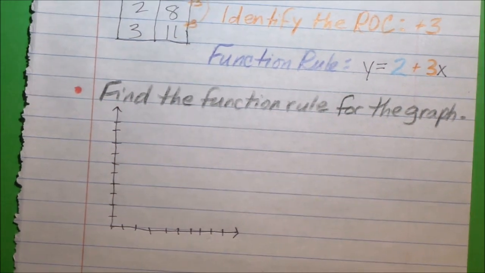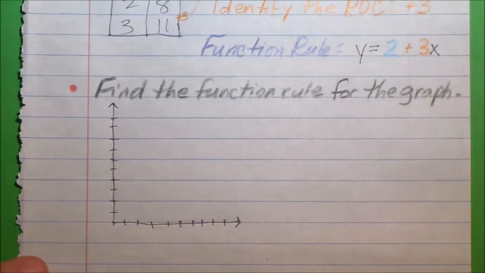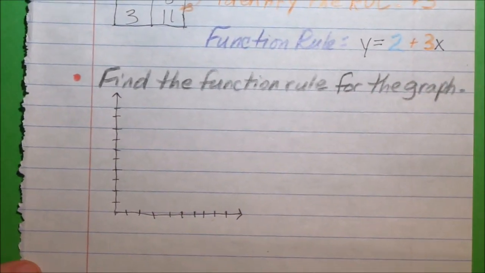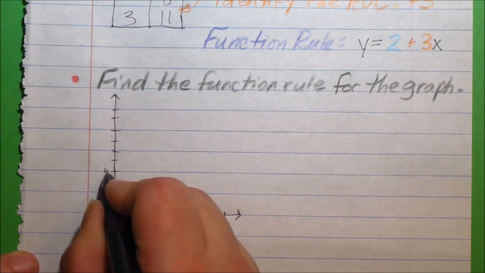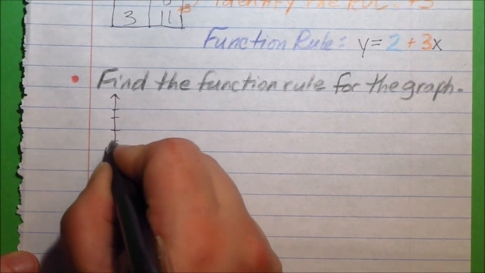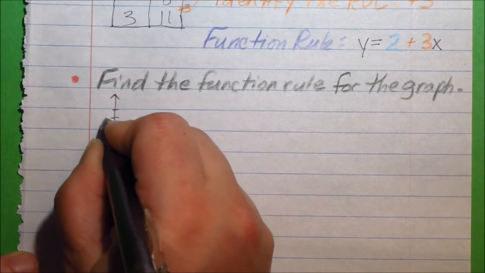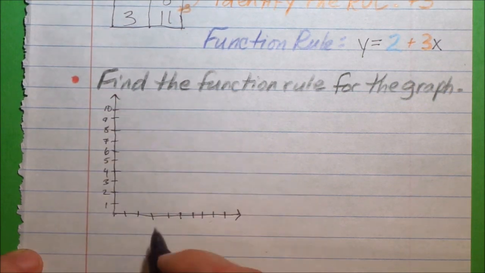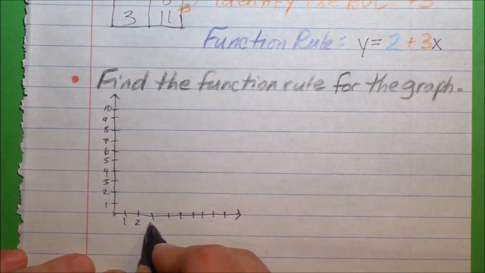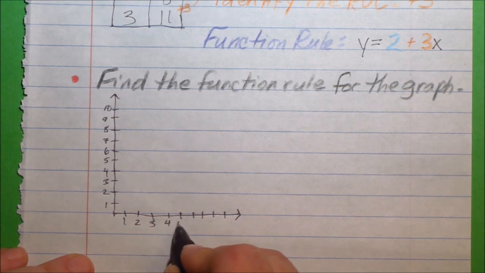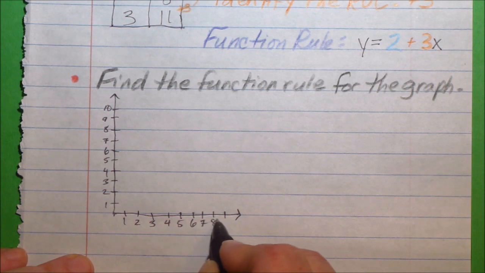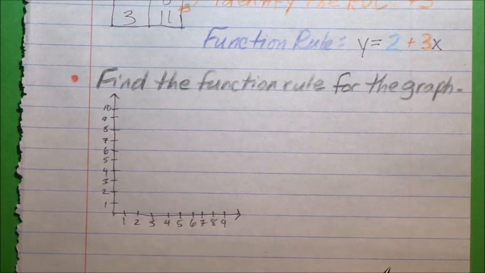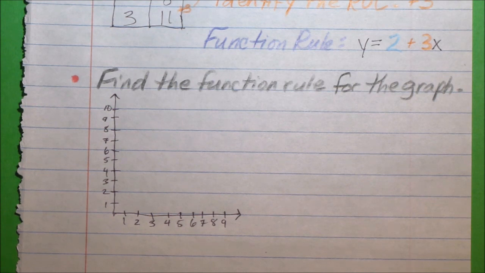All right, so we've got 1, 2, 3, 4, 5, 6, 7, 8, 9, and 10. And hopefully something close to that here, although I don't think I spread these out as well as I could have. All right, good enough.